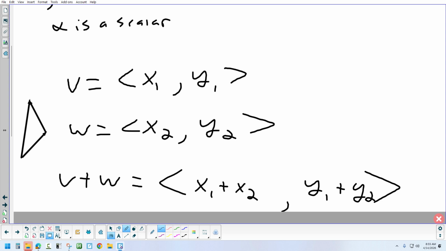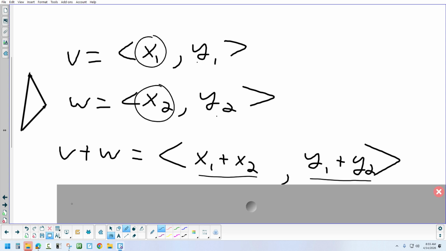So take the horizontal from the first vector, take the horizontal from the second vector, add them together, and that's going to be the new horizontal in the final vector. Same for the verticals. Take the vertical from the first, vertical from the second, add them together, and that's going to be the new vertical of the composite vector, v plus w.